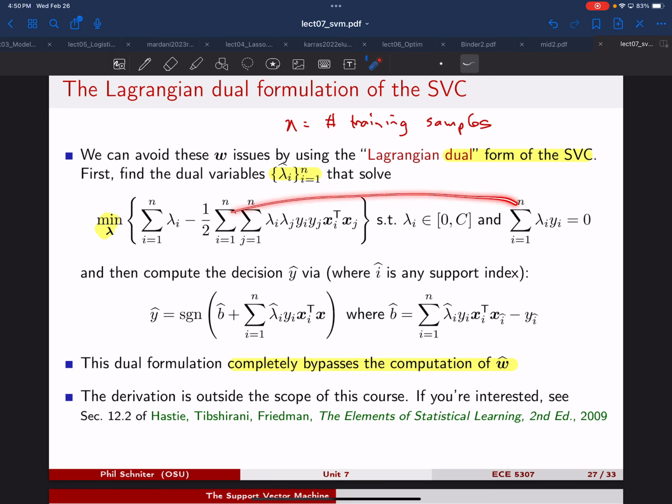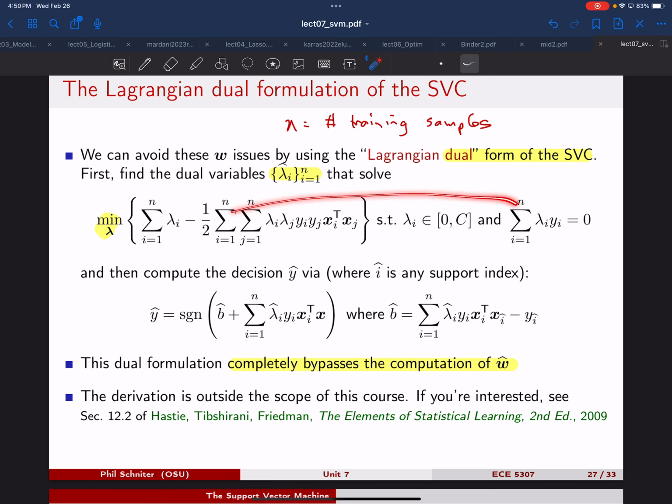And so in that case, the number of parameters here was way larger than this. And so if you just want to solve the SVC there, this would be a way more efficient approach to it. So it really kind of depends on whether you have more features or more training samples which one is more efficient, but they should give you the same answer as long as it's implemented correctly.